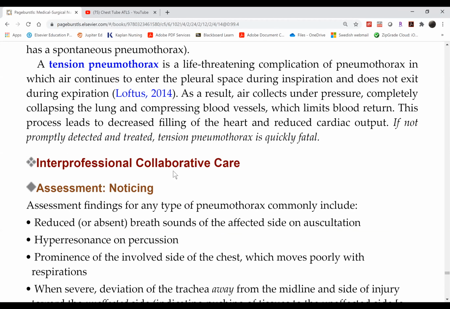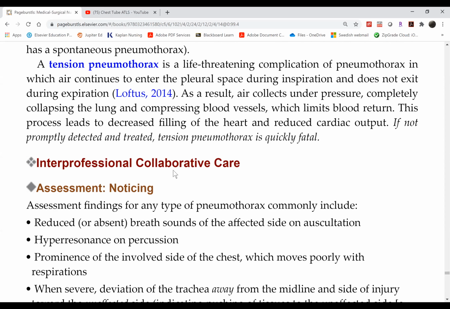So if you use a pointed instrument like that to stab somebody in the chest, it seals the tract. When you stab the person, it causes bleeding and some air to enter. But when you remove the weapon, it closes the tract.